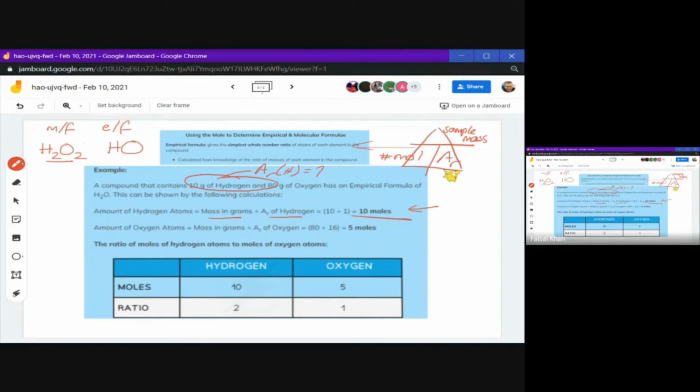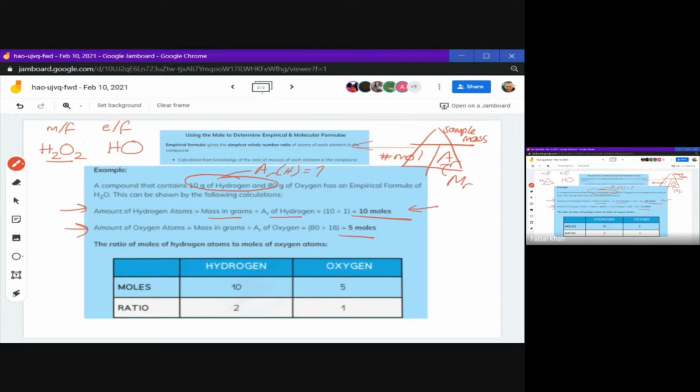So if it's for an element, it's going to be AR. If it's for a molecule, it's going to be the relative molecular mass MR. Okay, so we learned that last week. So using that twice over, you can actually work out the number of moles in this question. 10 grams of hydrogen contains 10 moles. 80 grams of oxygen contains 5 moles.